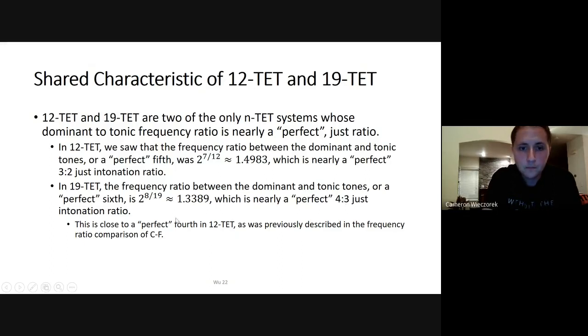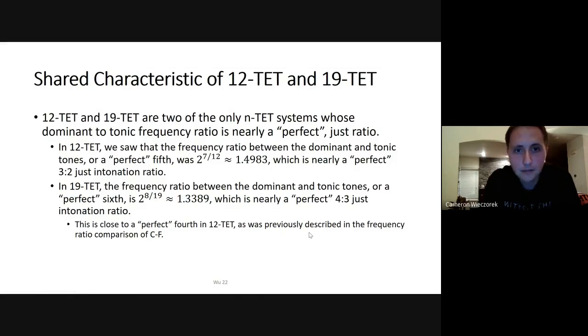Audibly, though, if you're dealing with the 19-tone system, because you don't see those extra keys on the keyboard, it would be perceived as a perfect fourth in the 12-tone system, even though in the 19-tone system, it's a perfect sixth. So on the standard keyboard, you'd only see a perfect fourth difference instead of a perfect sixth.